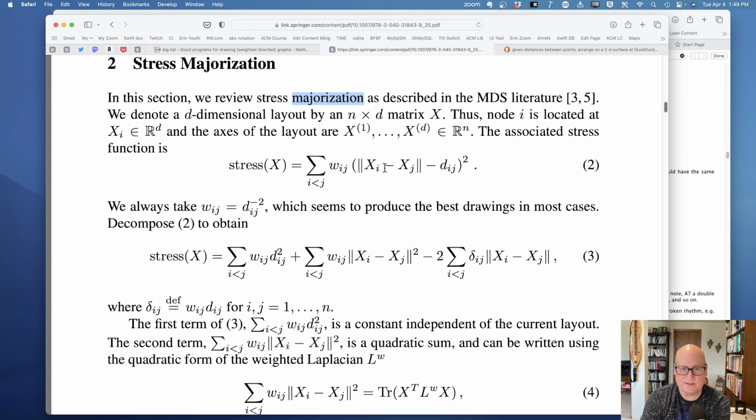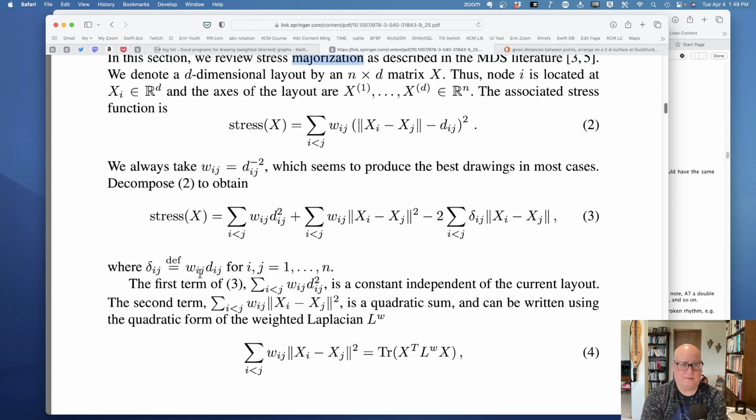So break this formula up, and you get these terms, wij dij squared for all those places, plus this x minus x2 squared minus twice of this delta ij. Okay, and then what's delta ij? Well, that's wij dij.